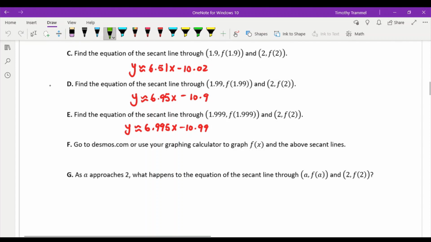So when that happens, what I'm going to write here is going to be fairly informal, but the equation of the secant lines approach the equation of the tangent line.